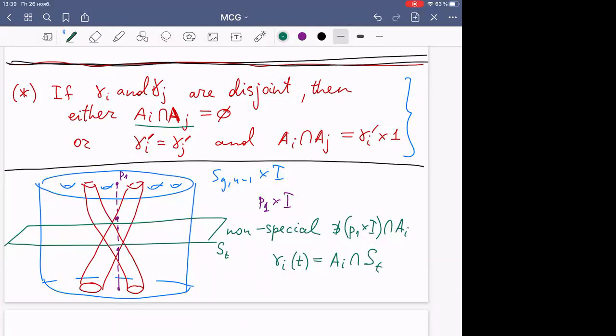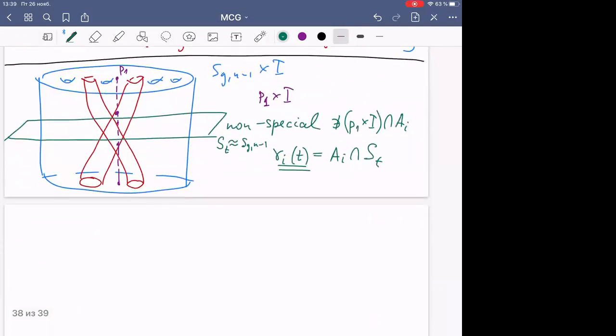This intersection with the level S_t. So this level S_t is of course homeomorphic to the surface of genus g with n-1 punctures, and we have this collection of simple closed curves. And look, what can we say about these simple closed curves?